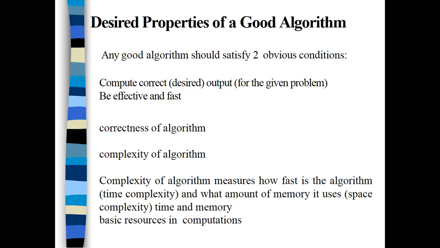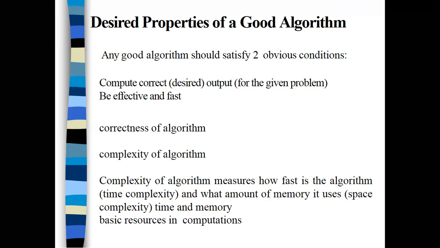So these two properties should be present in a good algorithm. The algorithm should have the capability to compute the results in the correct direction. The output should be good and effective, and the algorithm should be fast and take minimum time. Correctness and complexity of the algorithm should be considered at this point.